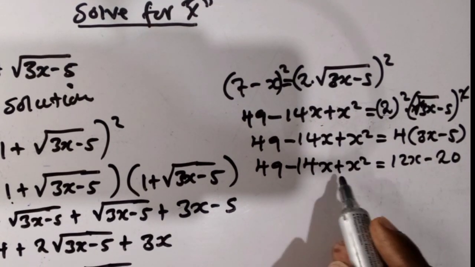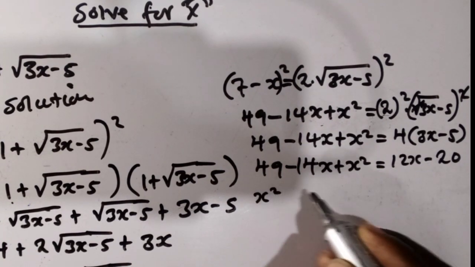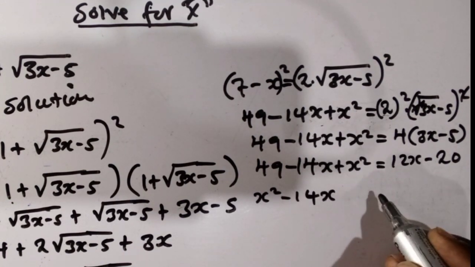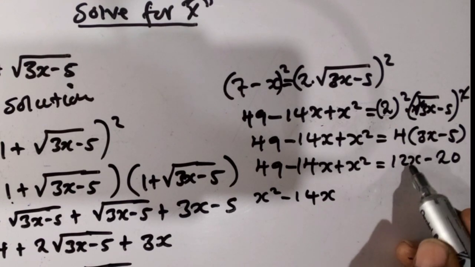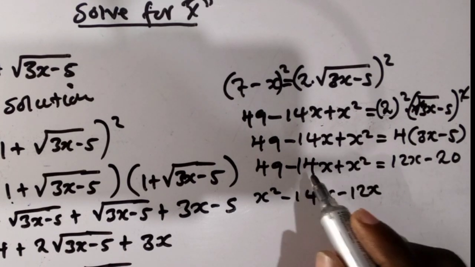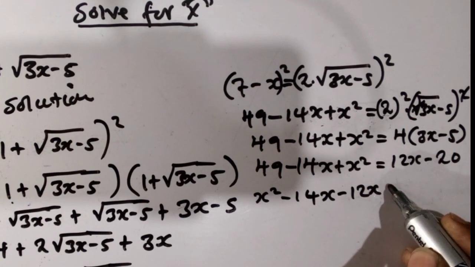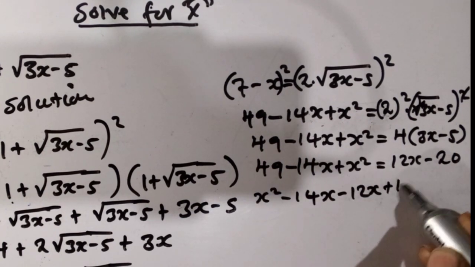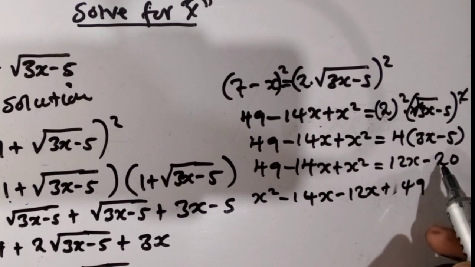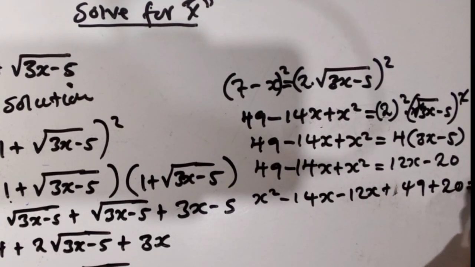Let's take this quadratic equation into standard form. So we say x squared minus 14x, then when positive 12x crosses the equal sign it becomes minus 12x, then plus 49, then when minus 20 crosses the equal sign it becomes positive 20, which equals 0.